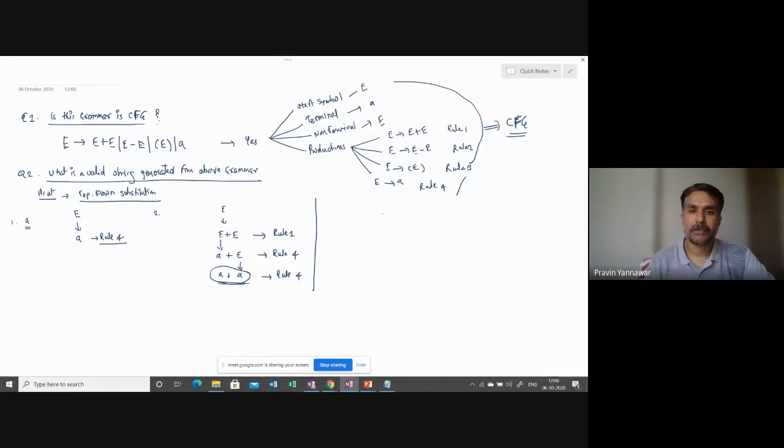Can I have A minus A? So E is E minus E, by rule number 2. This E is A and this E is A, each by rule number 4.